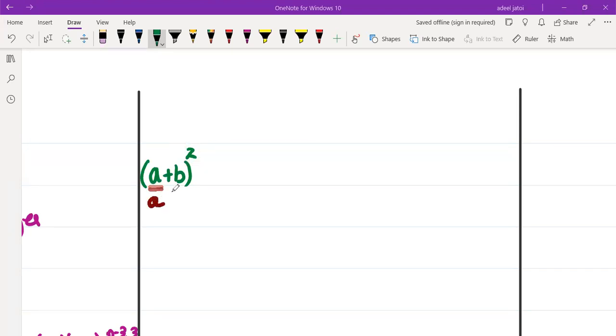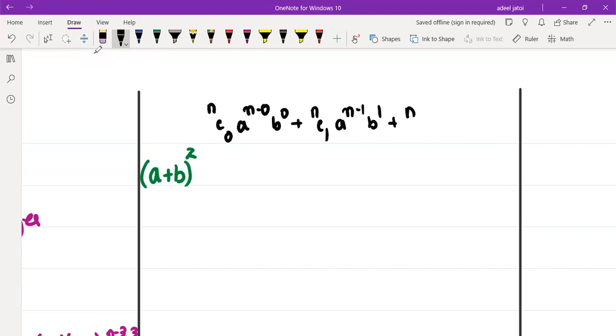Your a is used as a, and b is used as b. So keeping in mind the formula, which was nC0 a to the power n minus 0 b to the power 0, plus nC1 a to the power n minus 1 b to the power 1, plus nC2 a to the power n minus 2 b to the power 2.